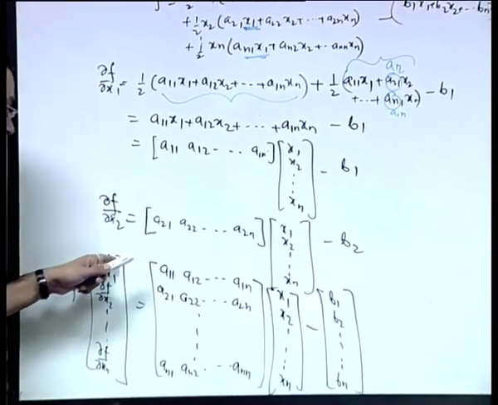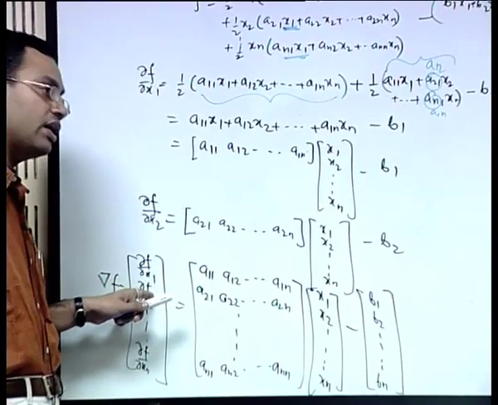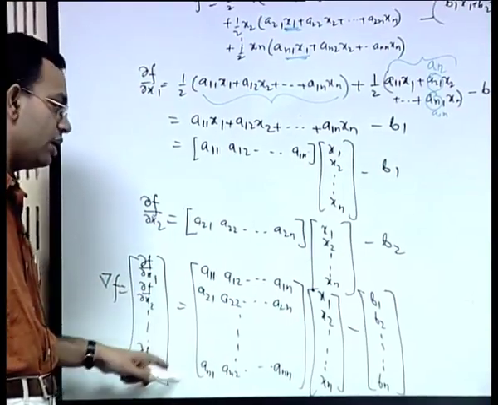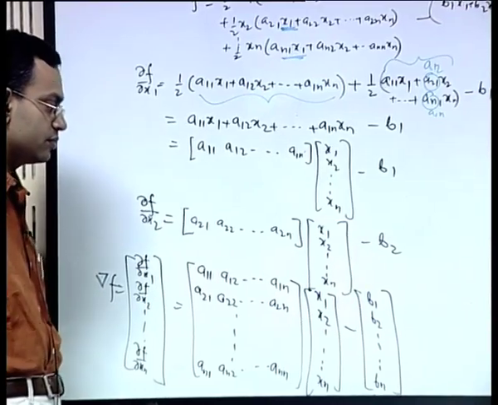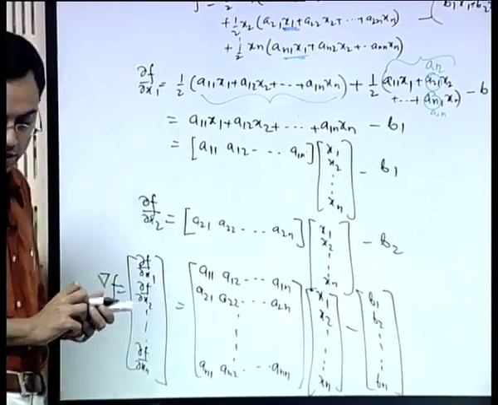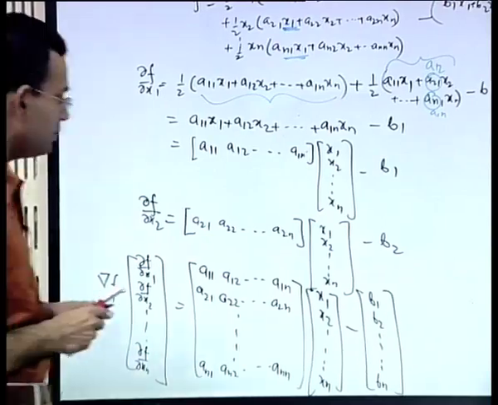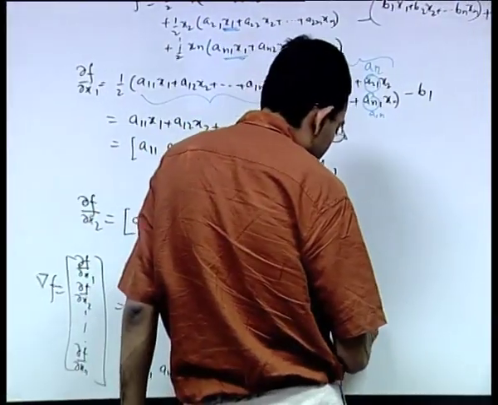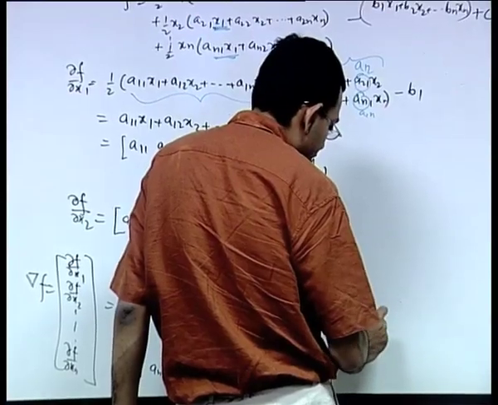So, the first row is for del f del x1, second row is for del f del x2, in this way nth row is for del f del xn. You can see that in symbolic form this is nothing but equal to Ax minus b.